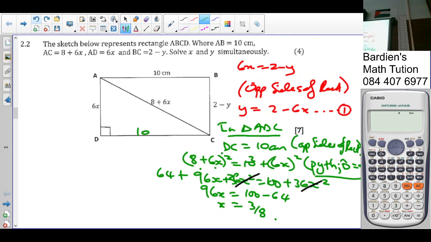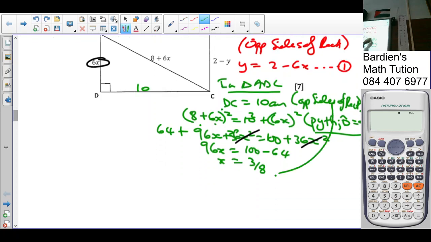Okay, so what do we do now? We don't actually go full on simultaneous equations. If I knew this straight away, then I wouldn't have gone equation 1, equation 2. I would have started with this triangle first, got an x out, and then used that value of x. But no problem, we can just carry on with that.